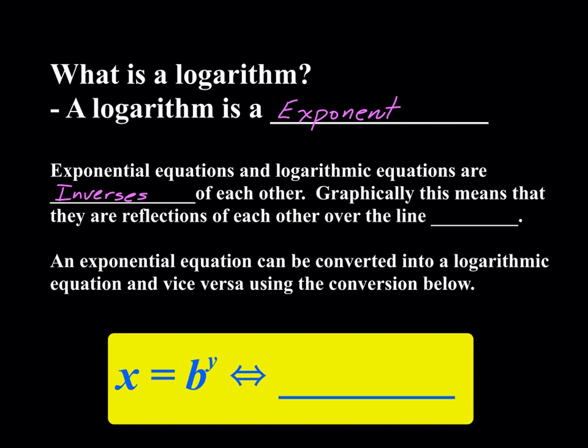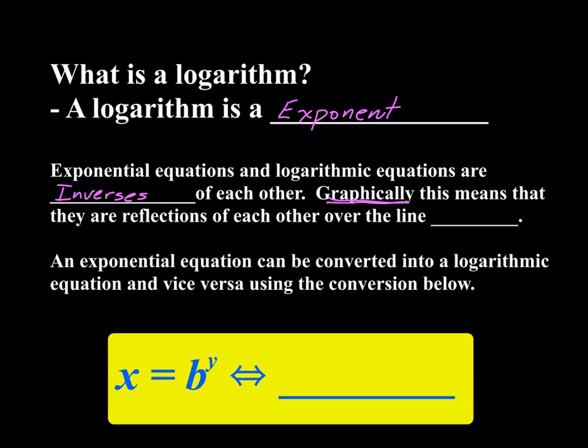It's kind of like when you have x squared equals 16. You solve x squared equals 16 by taking a square root, because squares and square roots are inverses of each other. Same thing with exponential and logarithmic. They are inverses of each other, and so they are needed in order to solve the equations.